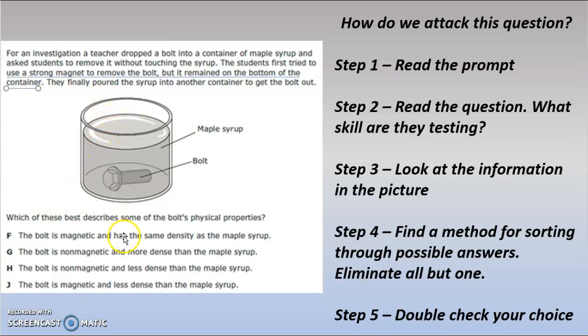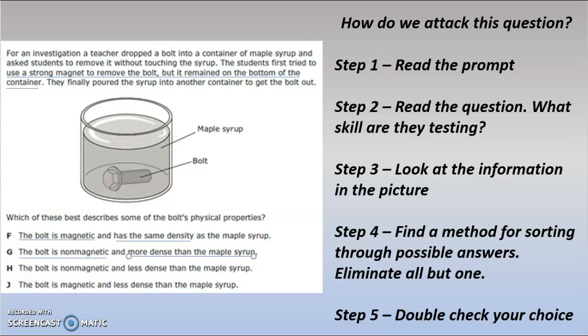Now it says, which of these best describes the physical properties? And if you look in each one of the possible answers, there are two physical properties. In the first one, it says the bolt is magnetic and has the same density as the syrup. The second one says the bolt is non-magnetic and more dense than the syrup.